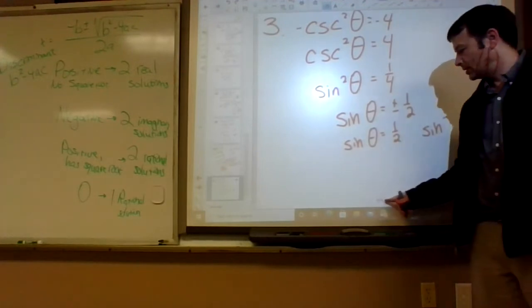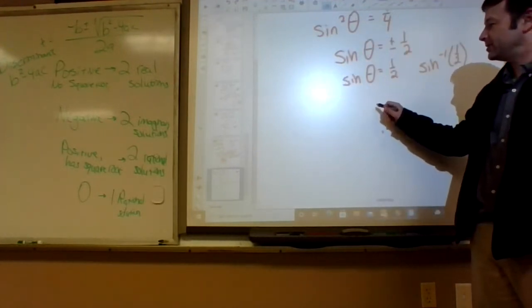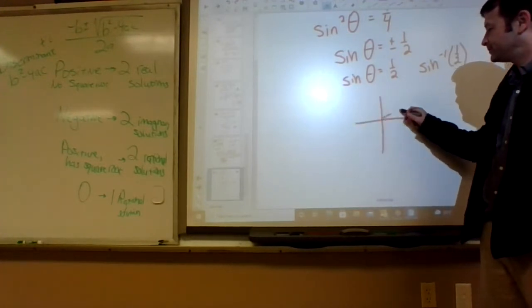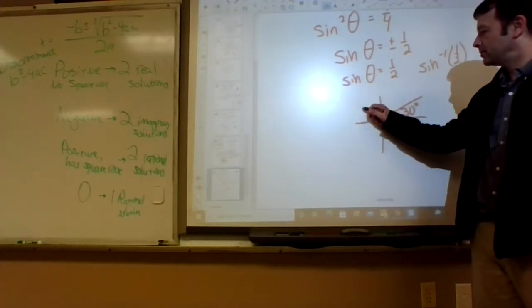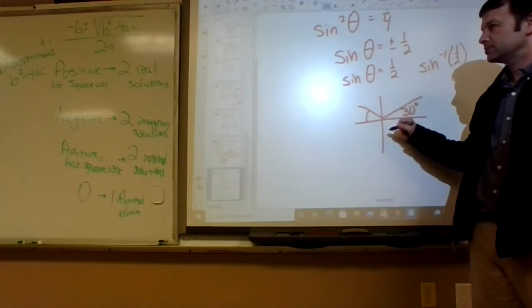One of our special triangles. So this one won't take us too long, right? You guys know what I'm going to do here? You're going to find 180 minus 30, so 150.